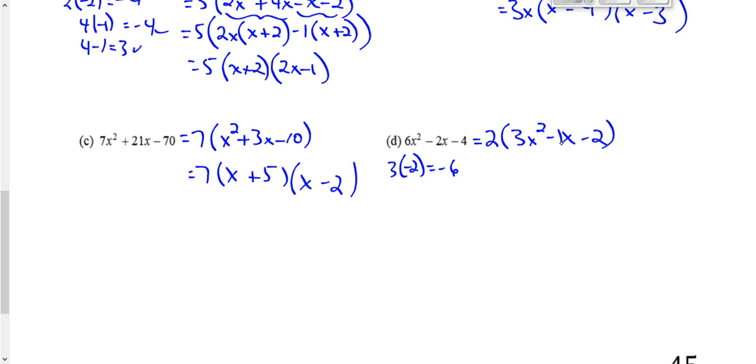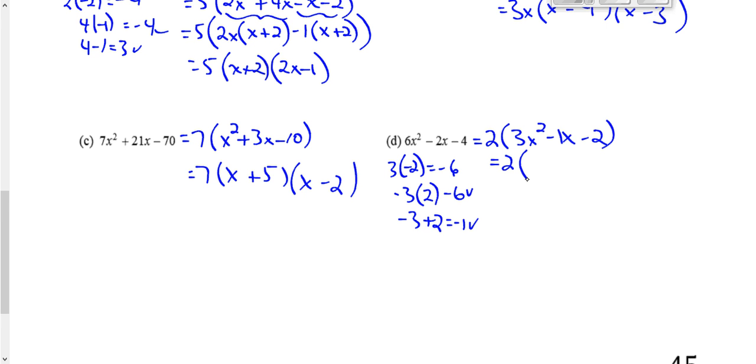Not too many numbers that multiply to 6. Okay, 2 and 3. -3. All right, let's see. Negative 3 times 2 is what? Okay, that's good. What's negative 3 plus 2? Oh, we're good then. Right?